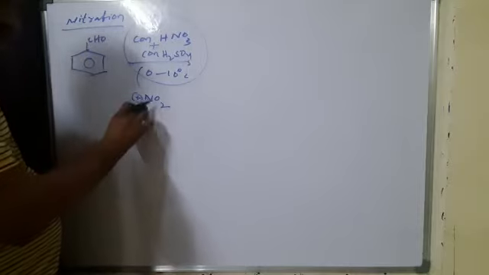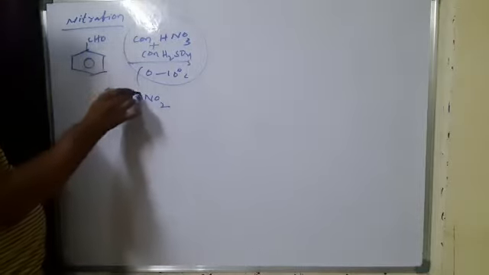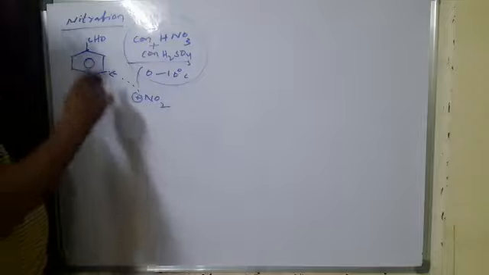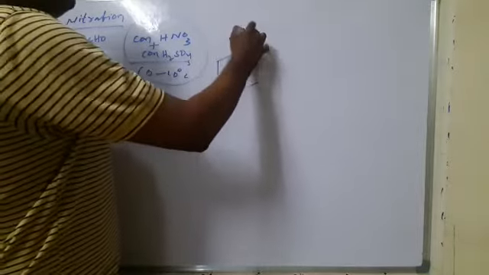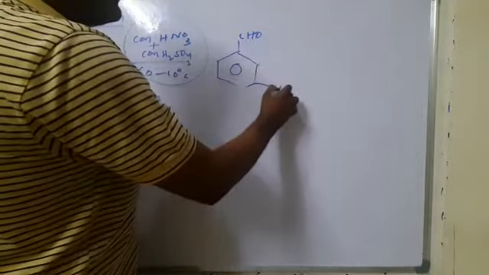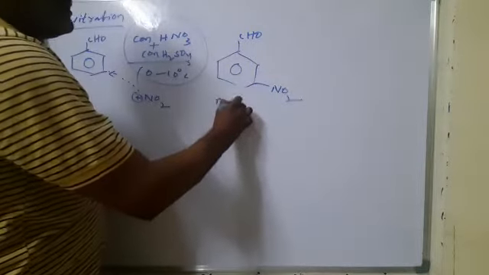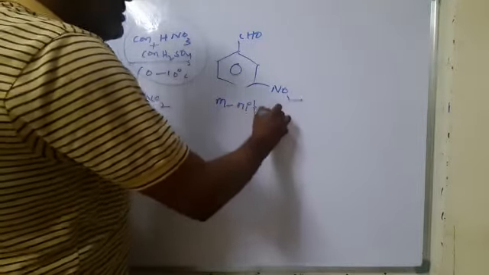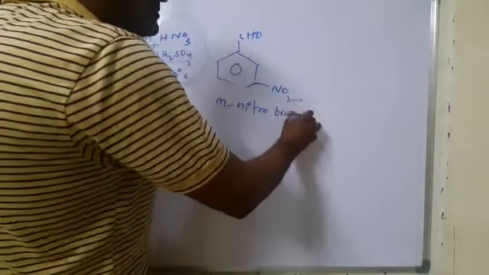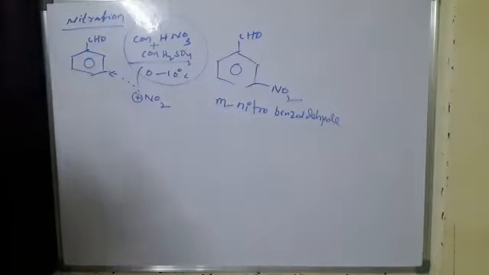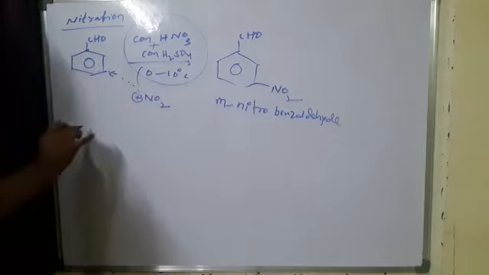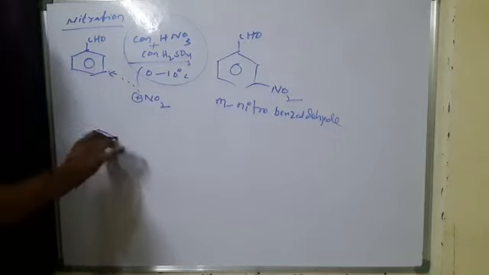Okay, nitronium ion, this is the electrophile. It will attack at the meta position because this is a meta directing group. So we will get meta-nitrobenzaldehyde. Meta-nitrobenzaldehyde is the product, right? In the same way, other reactions you can take also.